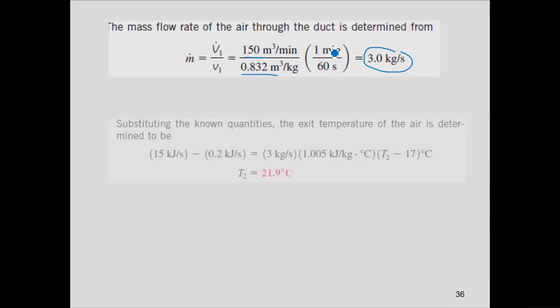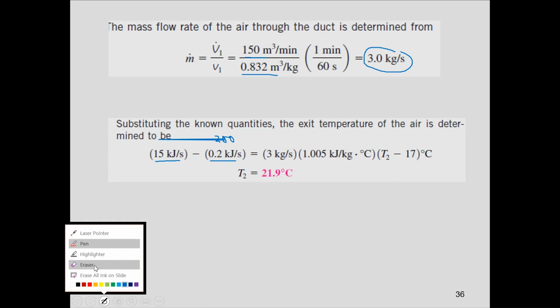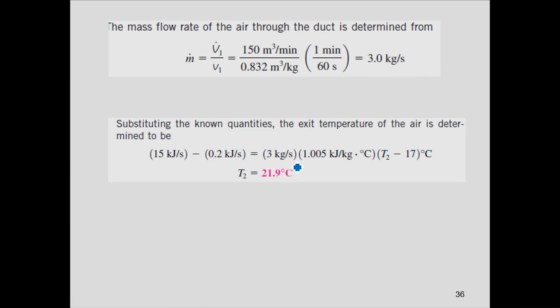Once you have the mass flow rate, you essentially can solve the equation. This is the work electrical in. This is the heat loss. Again, remember this value, heat loss, was 200 watts, and the whole equation is in kilojoules.